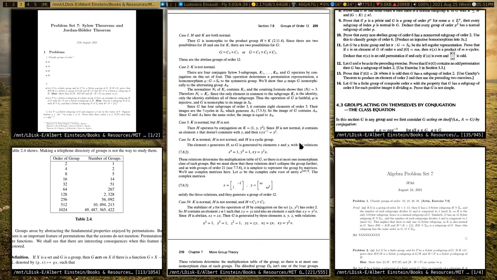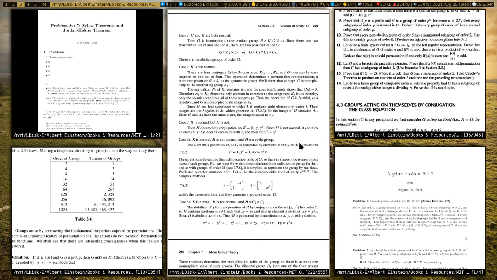So in this chapter, he's just counting subgroups, right? Oh, he has the case when p is equal to 2 and q is equal to 3. And let's look at it.